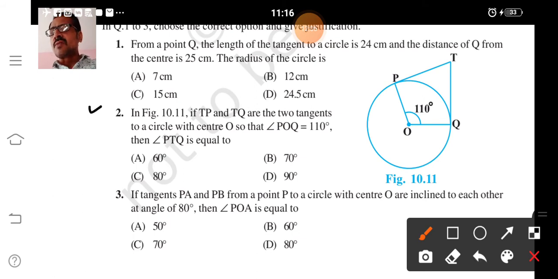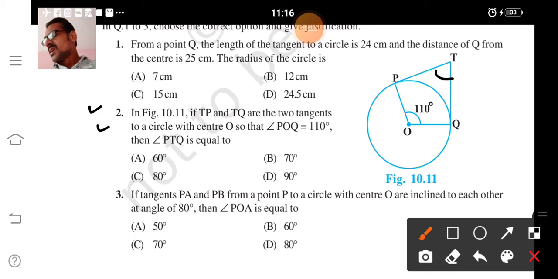In figure 10.11, if TP and TQ are two tangents to a circle with center O, so that angle POQ is 110, POQ 110 given, then PTQ is equal to dash. PTQ, we want this.